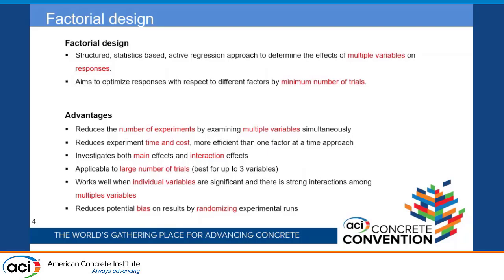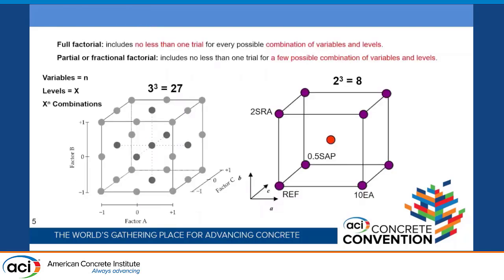So the advantages are the reduced number of experiments, time and cost, and investigating the main effects and interaction of the variables. Also, it's very applicable to a large number of trials and works very well when the number of variables is limited to 3. And it reduces potential bias by randomizing the experimental runs.